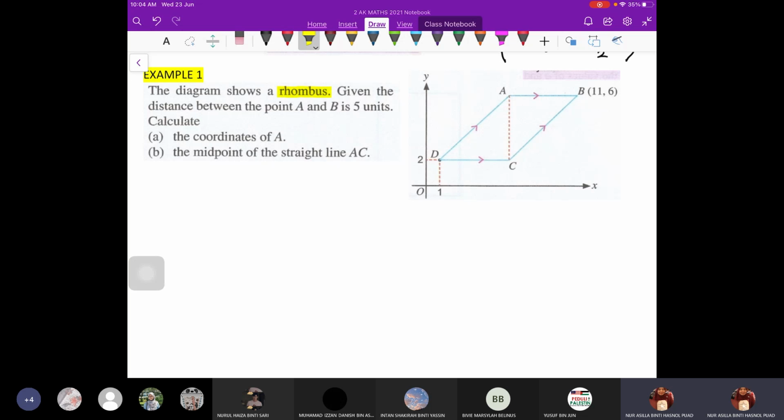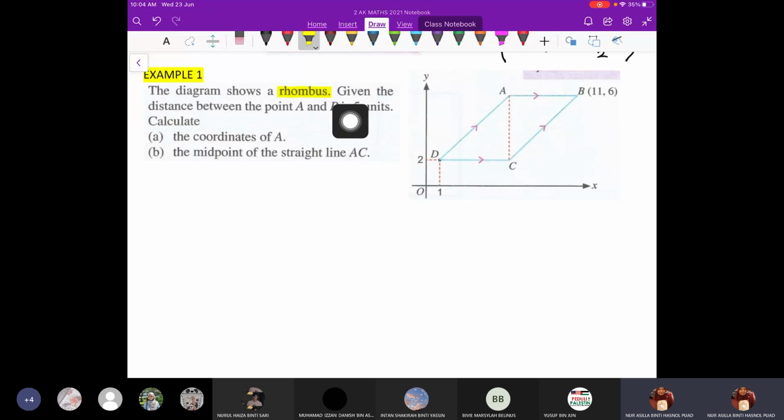It's just that in a rhombus, all the sides have the same length. Okay, so if you see in this diagram, AB will equal to BC, will equal to CD, and then will equal to AD. So all these sides mempunyai length yang sama.